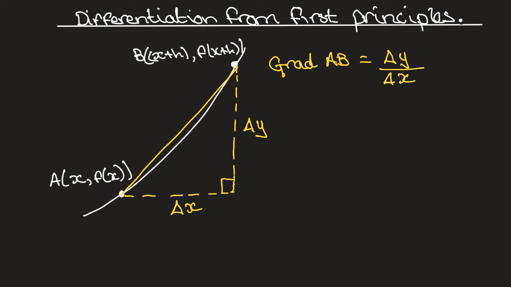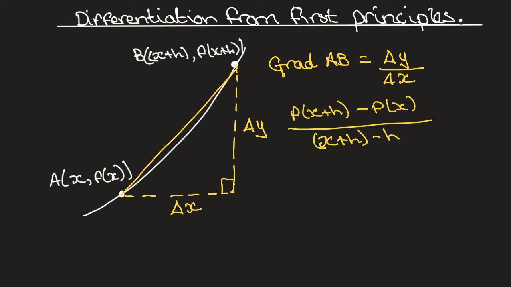That is equal to f of x plus h minus f of x all over x plus h minus x, which can be simplified to f of x plus h minus f of x all over h.